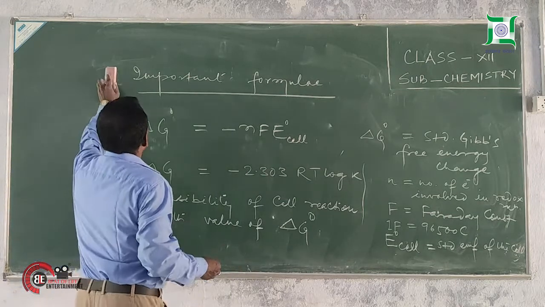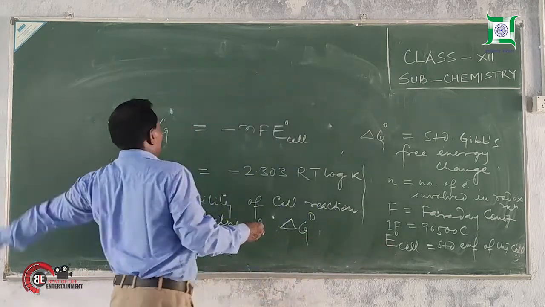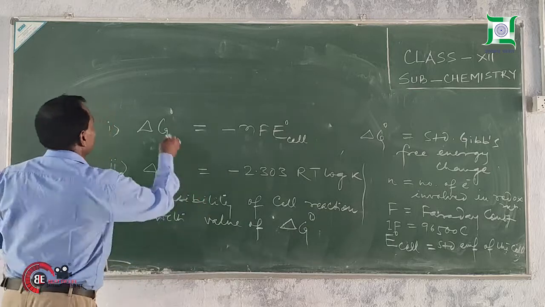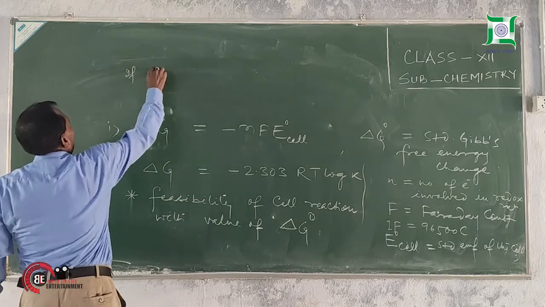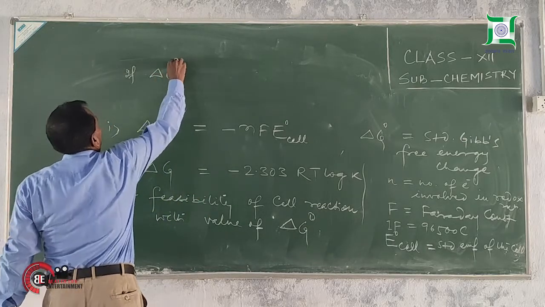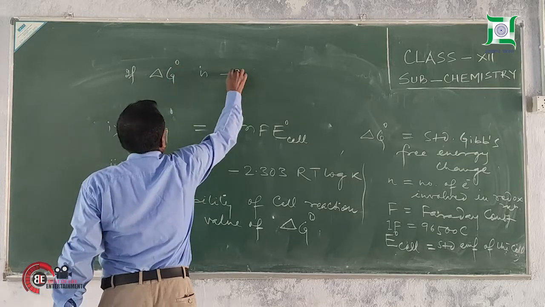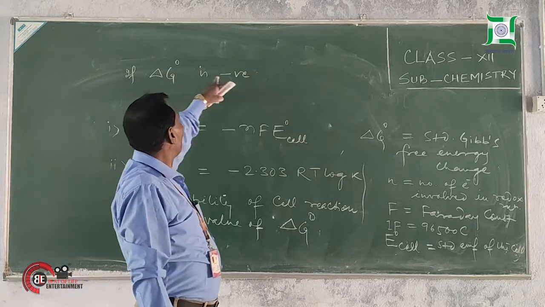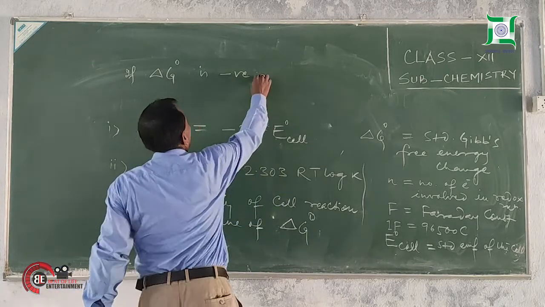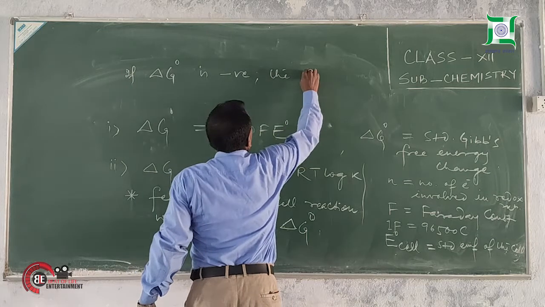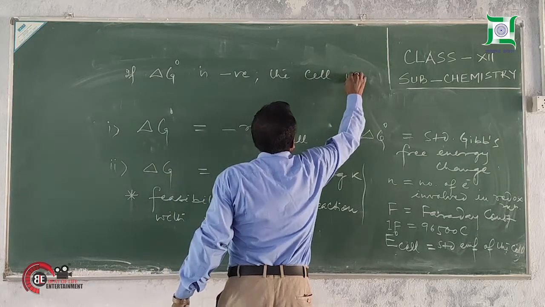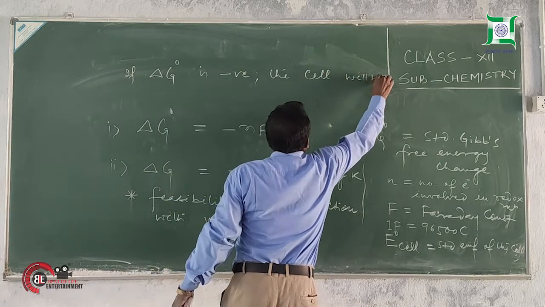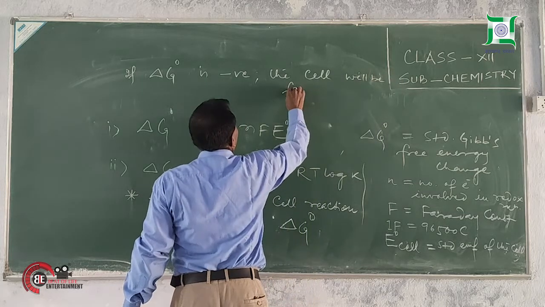Very simply we can predict the feasibility: if delta G naught is negative, the cell will be feasible.